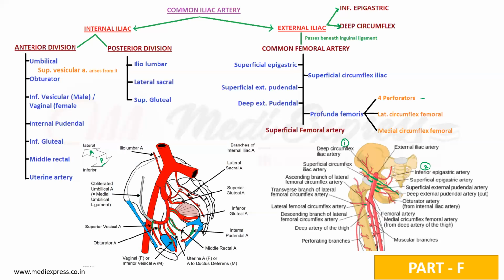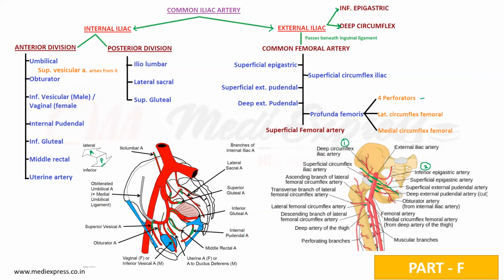Now the posterior division we'll see. You can see this is anterior. We have the posterior over here. Now when we talk about the posterior one, we have an iliolumbar first one. See over here. First one is iliolumbar. Then we have a lateral sacral artery and we have a superior gluteal artery. So these are the branches of the common iliac artery. I repeat, internal iliac artery and external iliac artery.